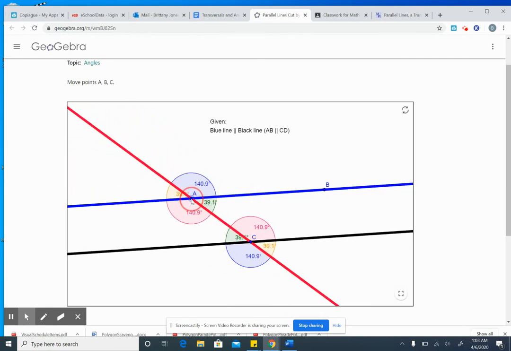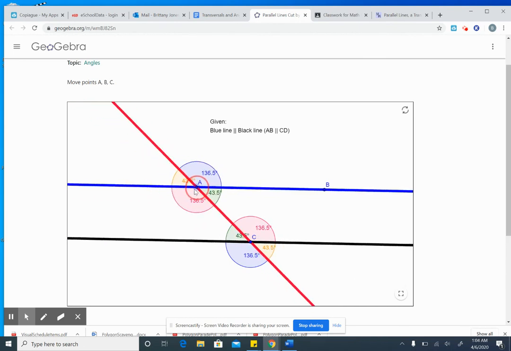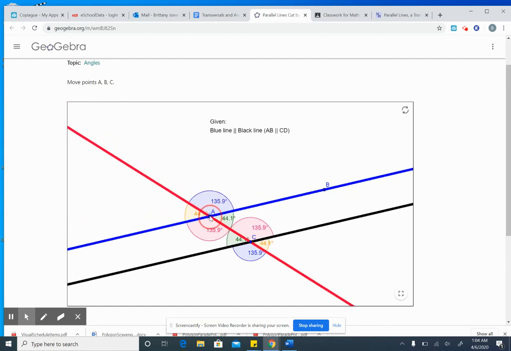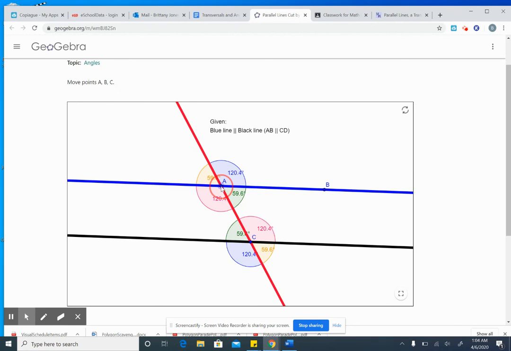Now, if I can go back to how I started, kind of tough to get it exact. Okay, well, that's close enough. Well, I started at 120 and 60, but I can't quite get it right this second.